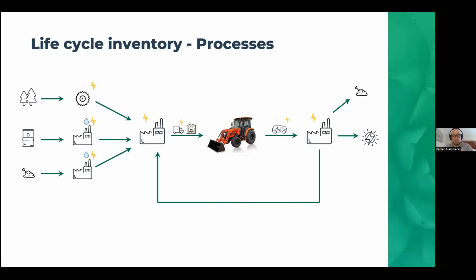And finally, some of those materials may be recycled and put back into the industry, or into upstream parts of the process, whether it's related to manufacturing a new tractor or another product. So as you can see, there's a lot of materials and lots of considerations that go into the life cycle of any product. And the life cycle inventory is making a list of those so that we know exactly where these flows interact.